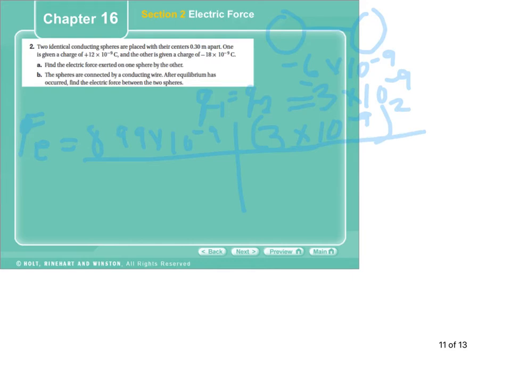The distance is still the same, so that's 0.30 squared. Run through all the calculations, and we should get 9.0 times 10 to the negative 7th newtons. And because these were like charges now, they both had the same charge, this one would be a repulsive force. So the two objects are repelling each other with that force.